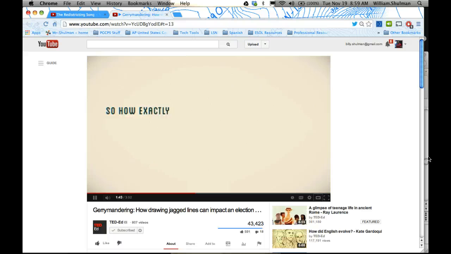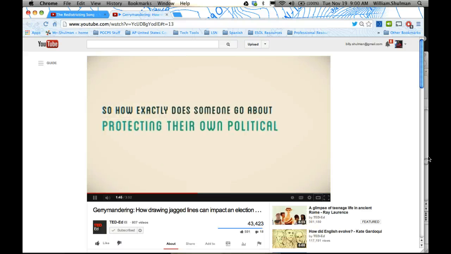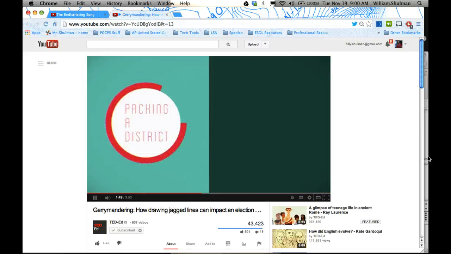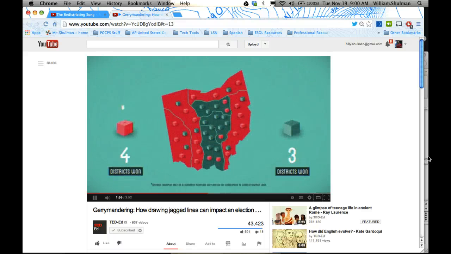So how exactly does someone go about protecting their own political party and actually gerrymandering a district? There are two successful practices: packing a district and cracking a district. Packing is the process of drawing district lines and packing in your opponents like cattle into as few districts as possible. If more districts equals more votes, the fewer the districts there are, the fewer votes the opposition party will get.